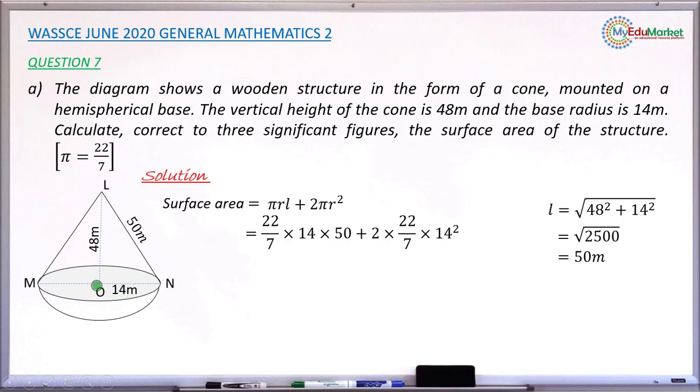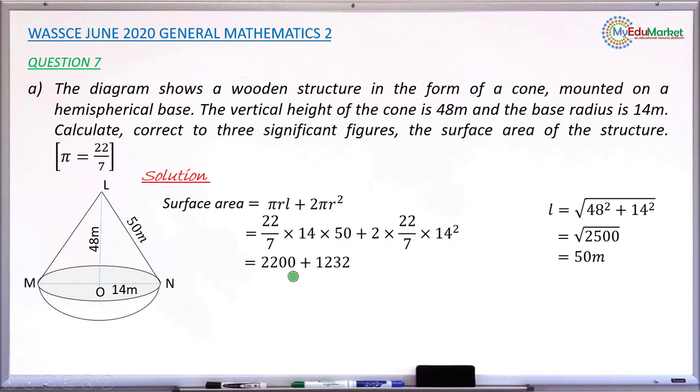The radius of your hemisphere is exactly the same as the base radius of your cone. Simplifying these two parts, you have 2,200 for the curved surface area of the cone, and for the curved surface area of the hemisphere, you have 1,232 if done correctly.